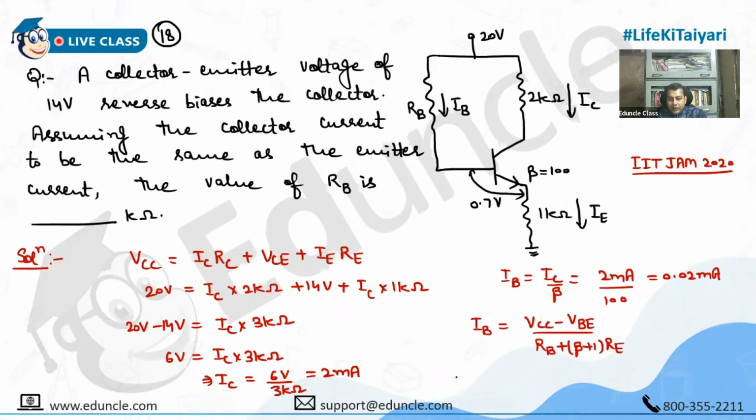And from here we can get RB plus beta plus 1 RE equal to VCC is 20 minus 0.7, IB is 0.02 milli. So it is 19.3. Please note down.